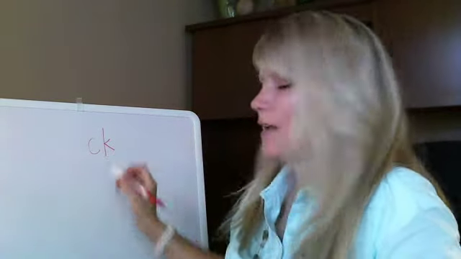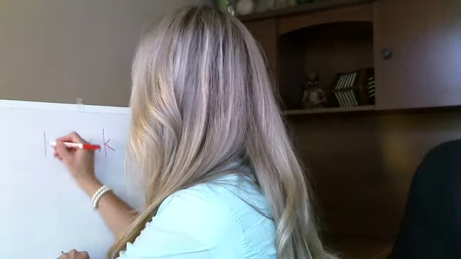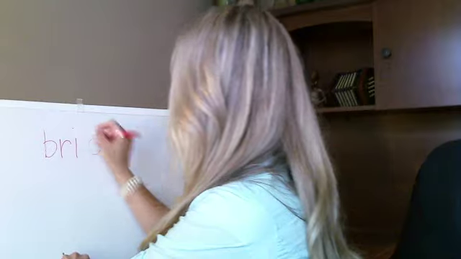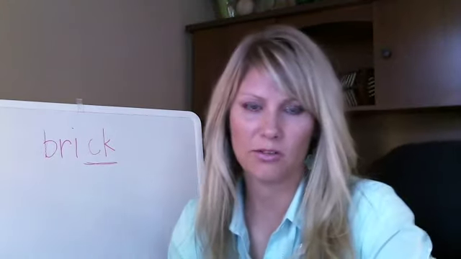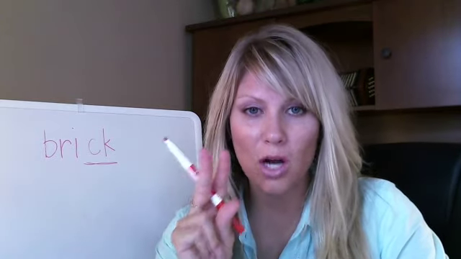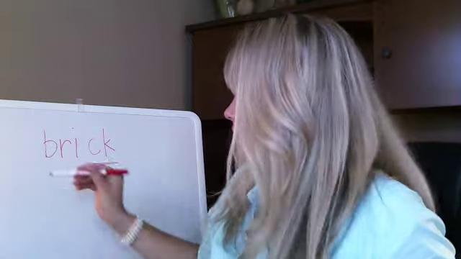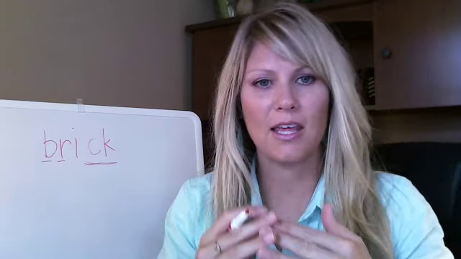So the C and the K make the K sound, like in brick, brick. That makes 1 sound, but it's 2 letters. Okay, that's a digraph. Now a blend is 2 consonants that have their own sound, but just kind of blend together.